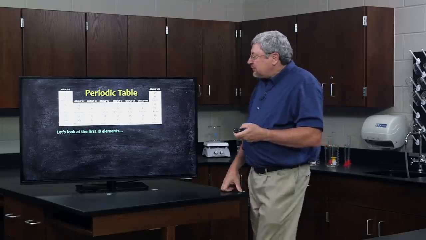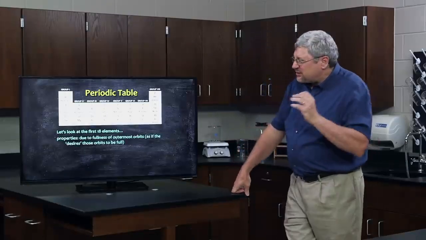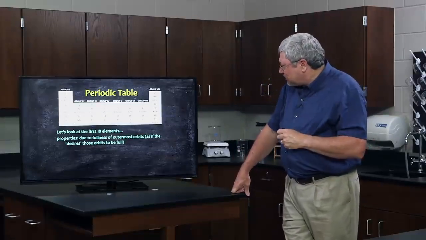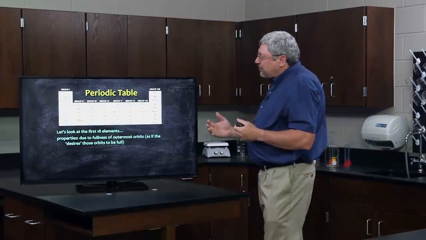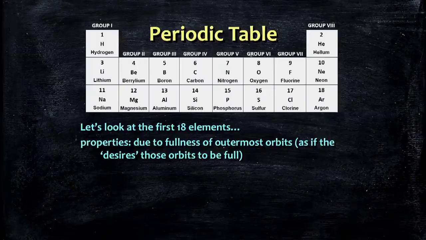As we examine these first 18 elements of the periodic table, and we won't go to the others, these are the simple ones, but if you get into chemistry a little bit more, you can spend more time figuring out the rest of the table. The properties of the respective elements seem to be due to how many electrons are filling the orbits around the nucleus.